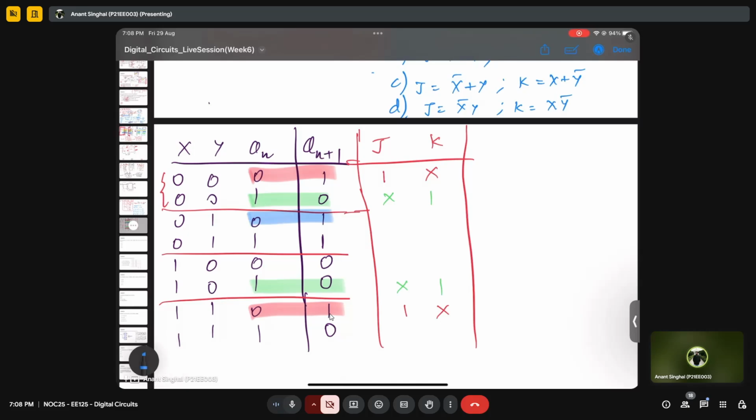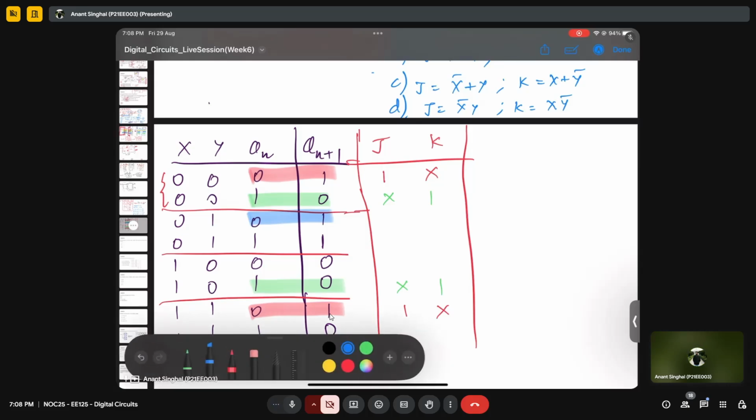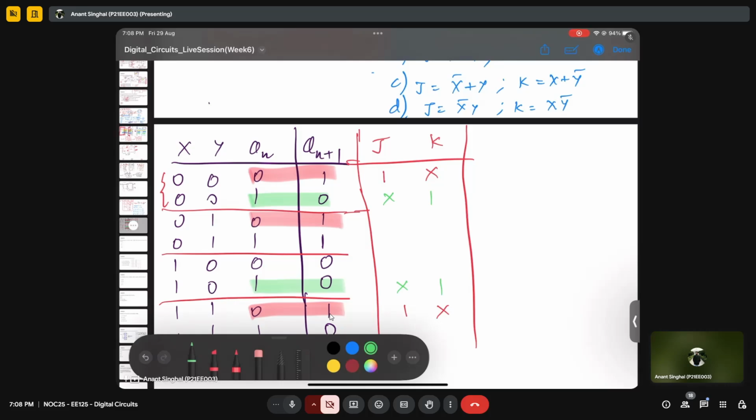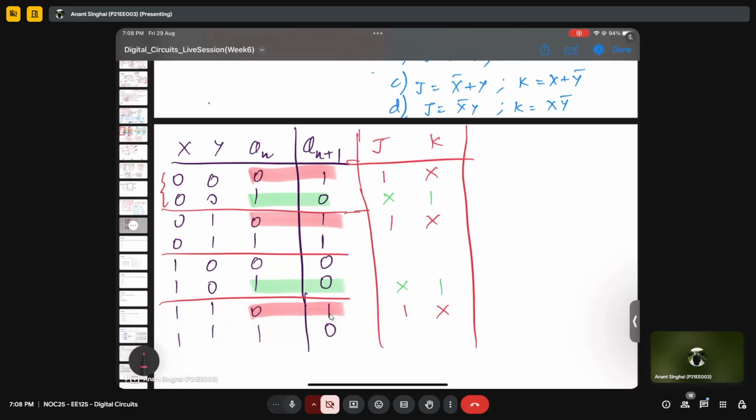For 01, which is here and nowhere else. Oh, there is one more 01 actually, my bad. So it's actually this one. It is 1x again.